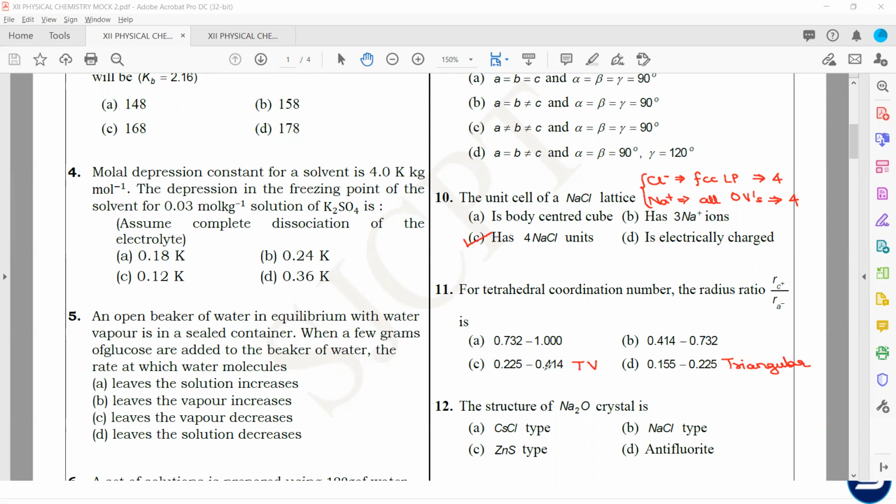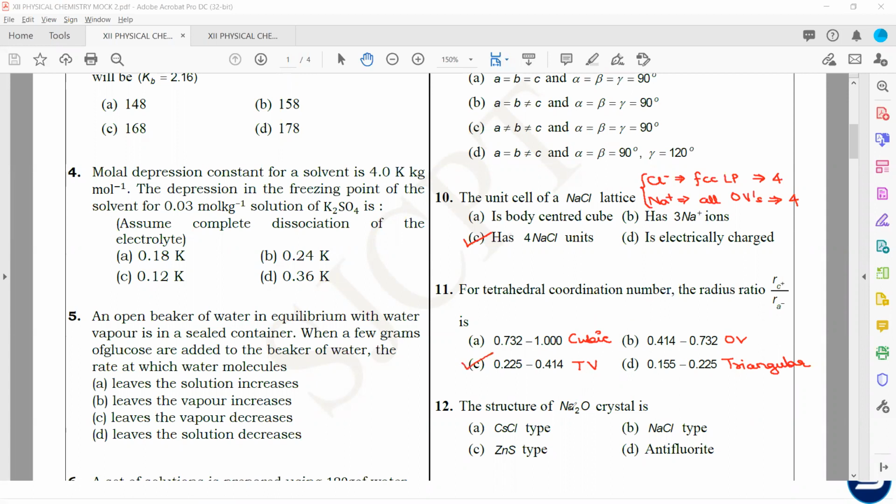Then next is TV with a coordination number 4. Then 0.414 to 0.732 is for octahedral, and 0.732 up to 1 is cubic, with coordination number 8. So it's 3, 4, 6, and 8.